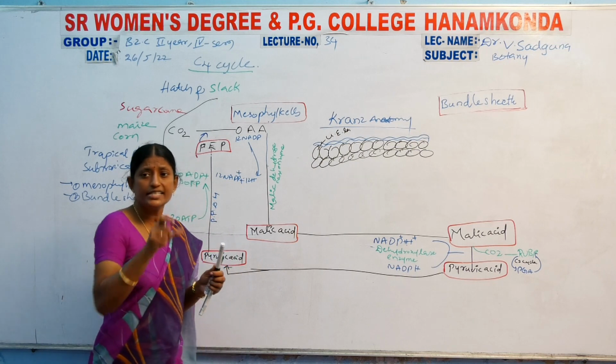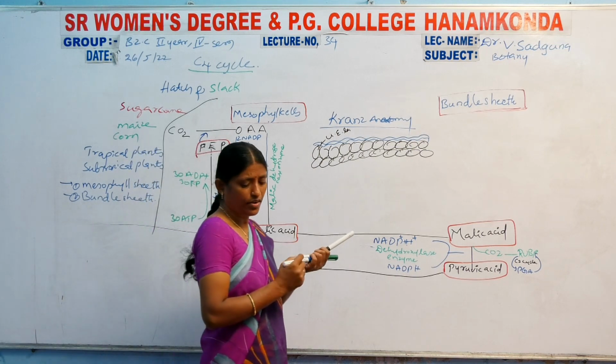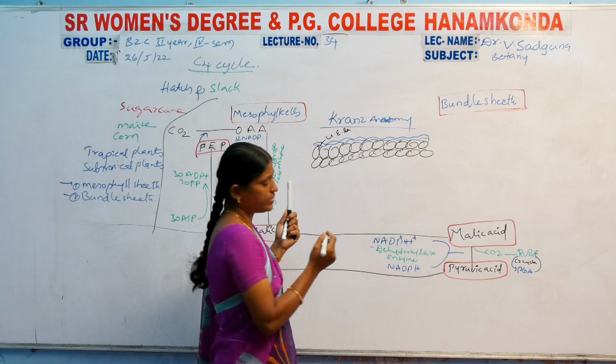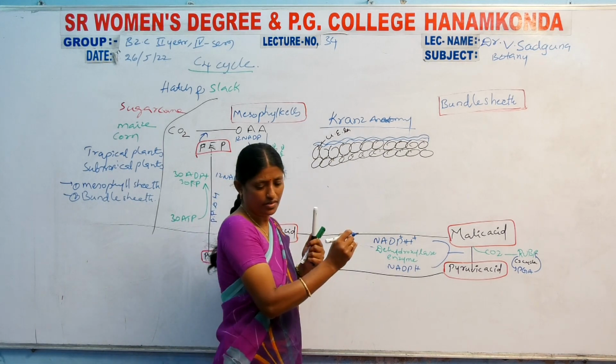Then the cells are completely surrounded by another kind of cells.